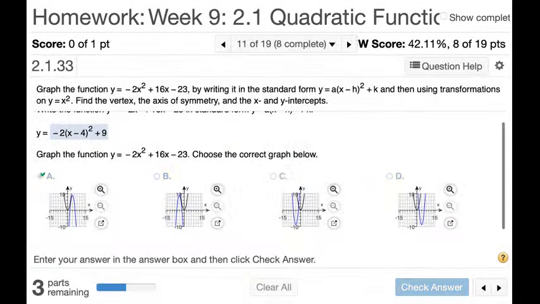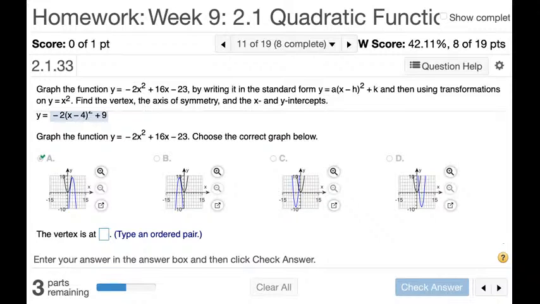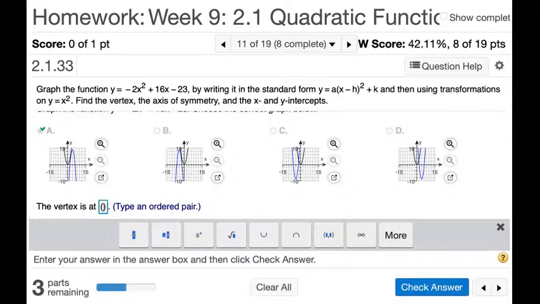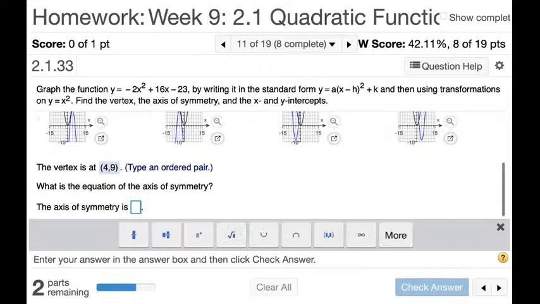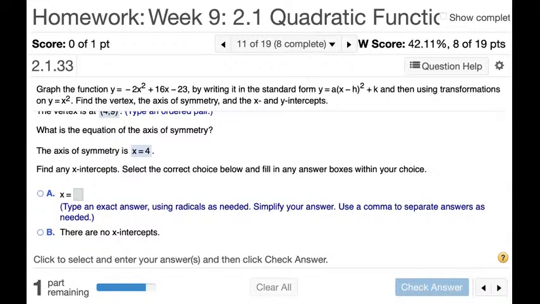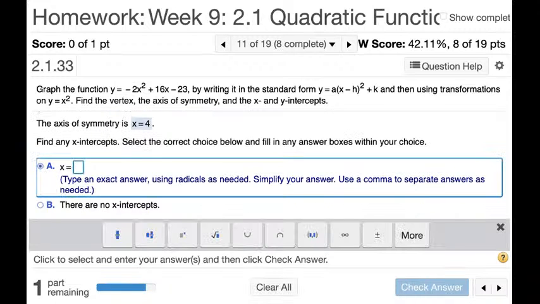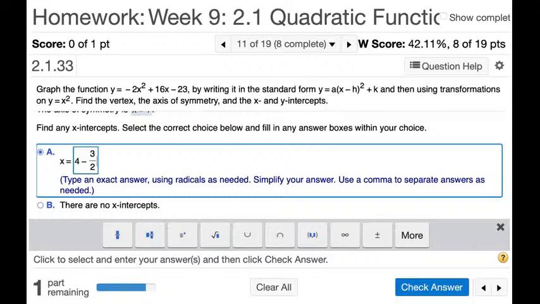The vertex occurs at 4, 9. Ordered pair, so we're going to say 4, 9. The axis of symmetry is going to be the x-coordinate of the vertex. Type in equation, so that's going to be x equals 4. Okay. X-intercepts. So the x-intercepts that we got, the first one was 4 minus 3/2 times the square root of 2.